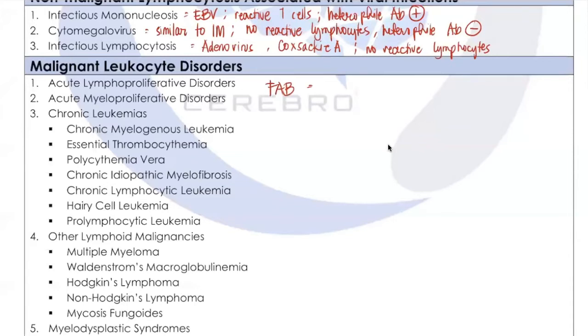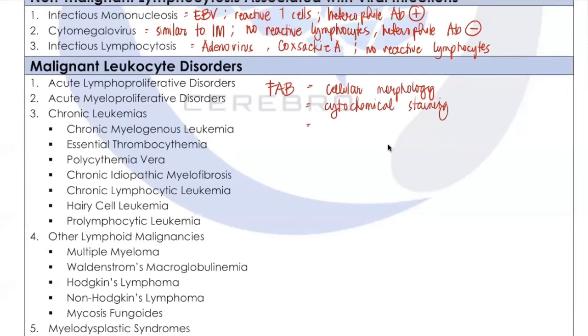Actually, there are only two: cellular morphology, and the other one is cytochemical staining, or our cytochem.